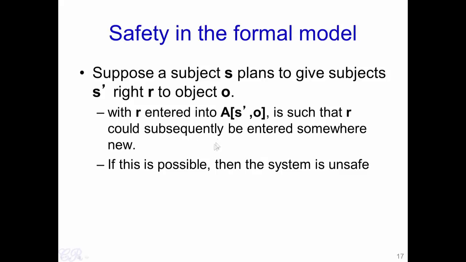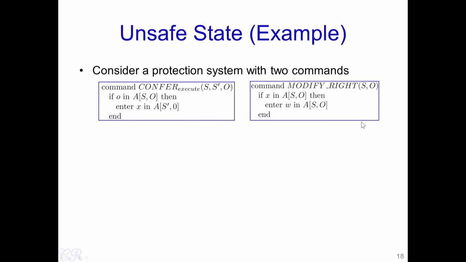If such a thing is possible, then the system is said to be unsafe. Essentially, a system is unsafe if any operation or command run on the access matrix could result in that particular right being conferred or transferred to somewhere else in the matrix.